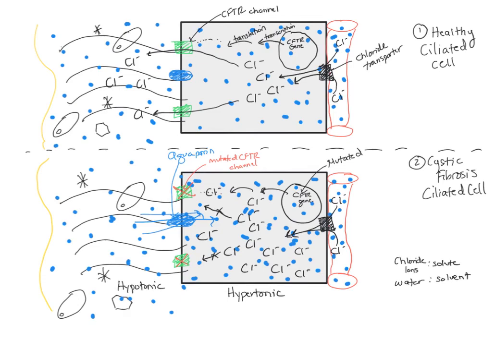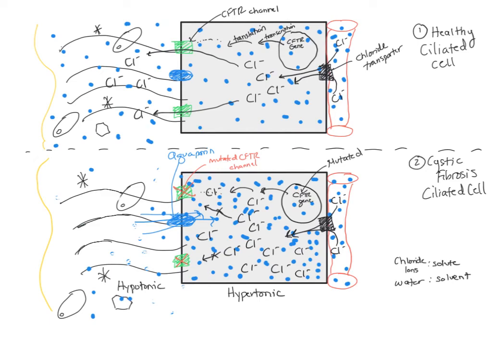As that happens, you're going to see water start to disappear from the mucus, because it's transporting into the cell. Again, its goal is to restore a situation where you have equal concentrations of solute on both sides. So you're going to get a ton of water in here and a lot less water in the mucus.